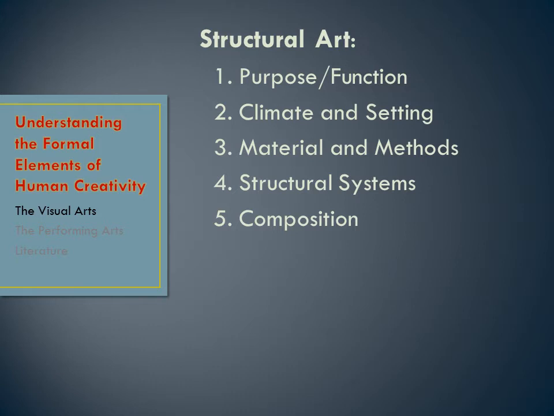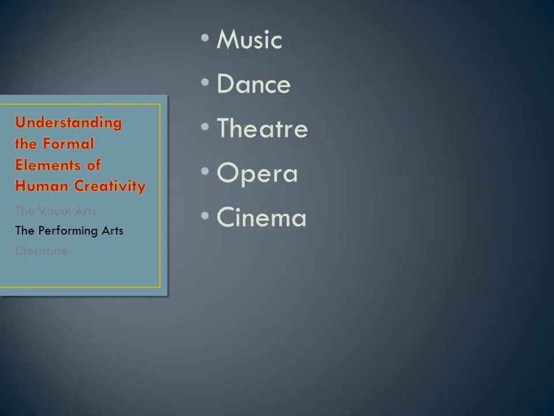Architecture uses the same types of principles of unity and variety and balance and symmetry and all those kinds of things that are talked about in my arts lab and in your textbook to describe the structure and appearance of architectural art. So we'll not go into a lot more detail about that. Instead, we're going to transition now from talking about the visual arts into talking about the performing arts.